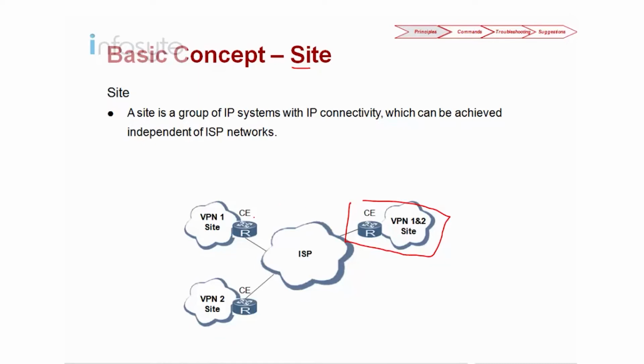For this CE, we have only the VPN 1 site, and for this CE, we have a VPN 2 site. How to distinguish which site you belong to all depends on your ISP.